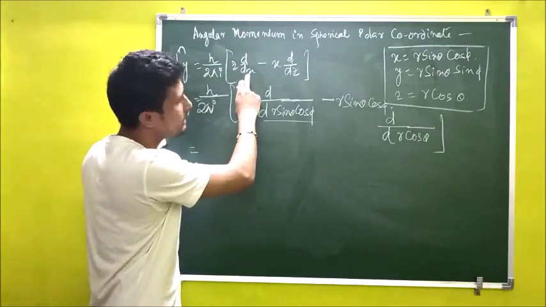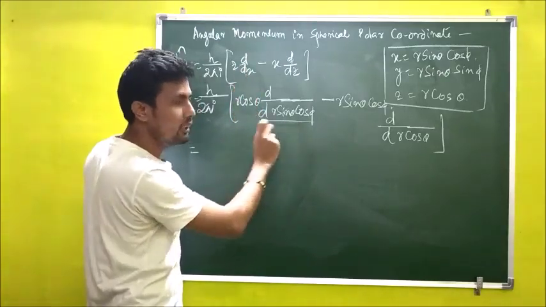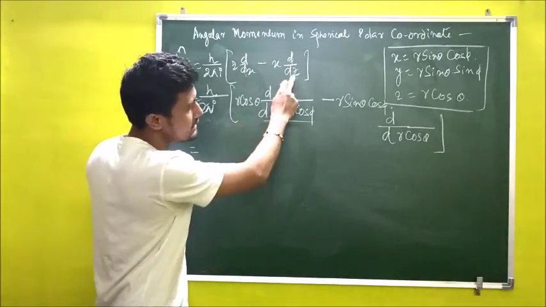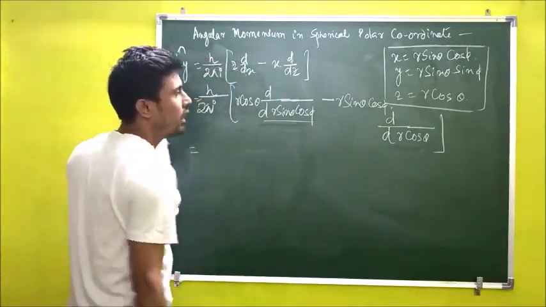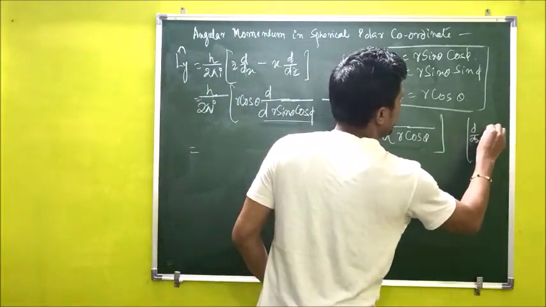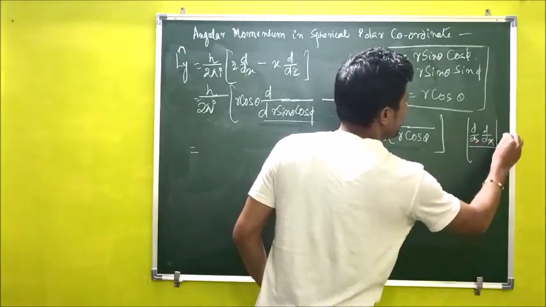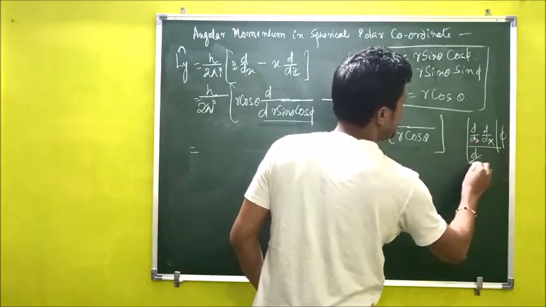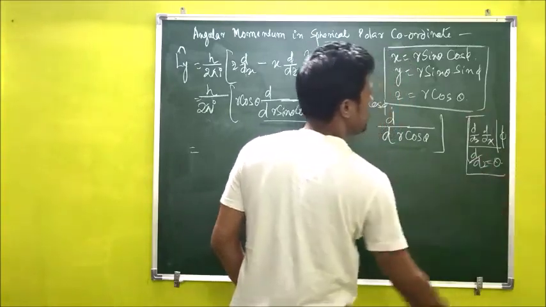For the x and y plane you should derive the term by phi. For the z axis you should derive the term by theta. I am writing here: for dy and dx you derive by phi, and for d of z you derive by theta. This you should remember.